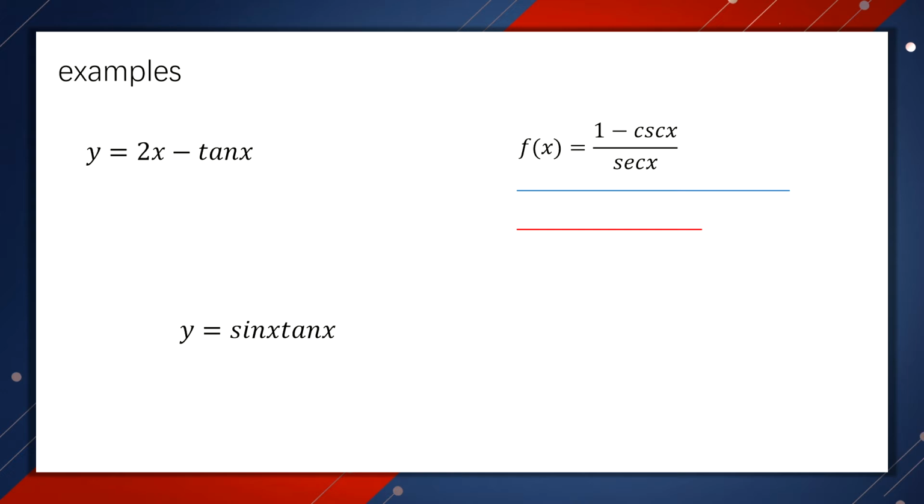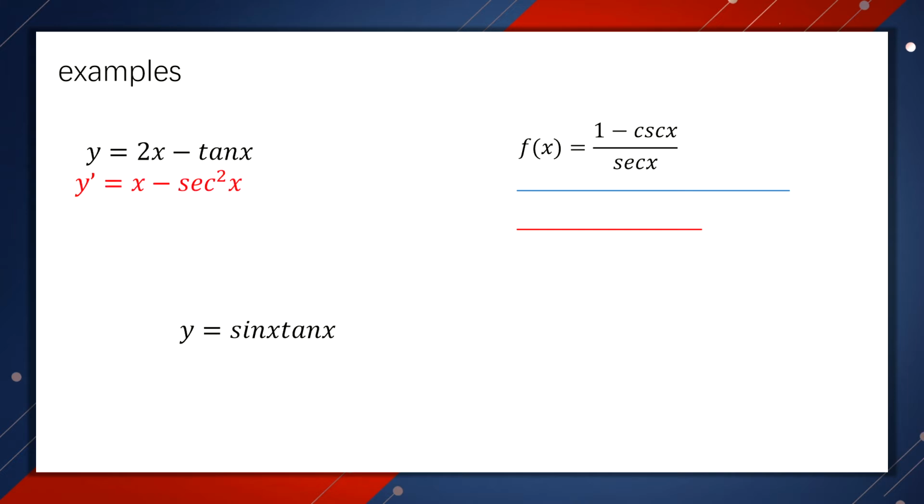These are also some examples about the topics we need to practice. The first is y equals 2x minus tangent x. Here we need to apply two steps: the derivative of 2x and the derivative of tangent x.